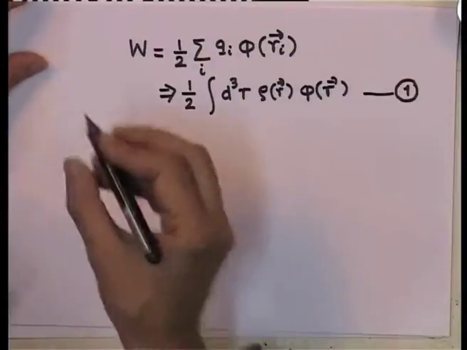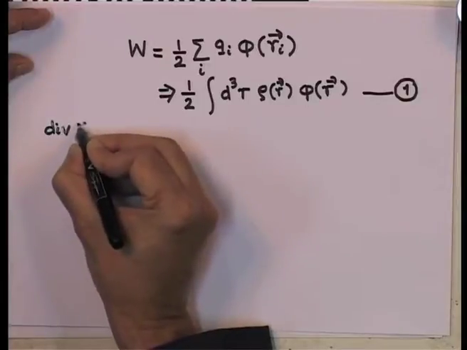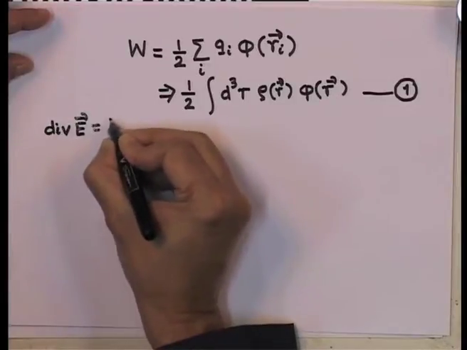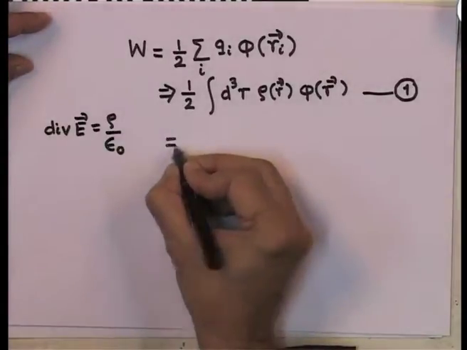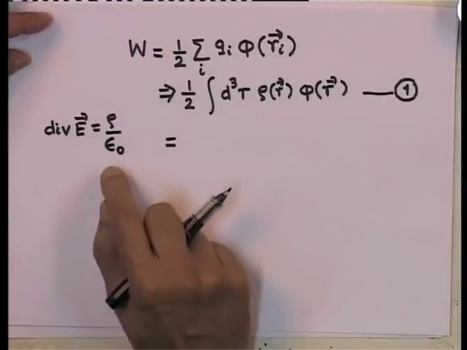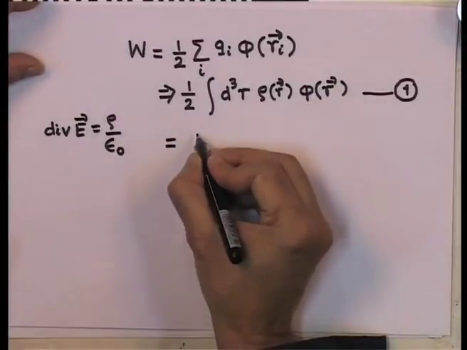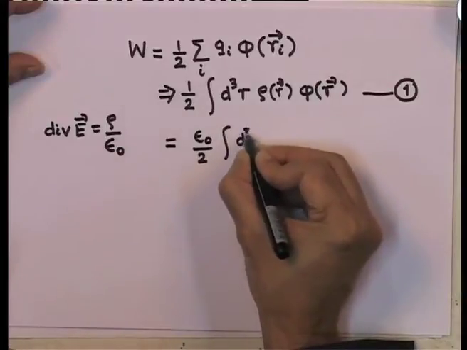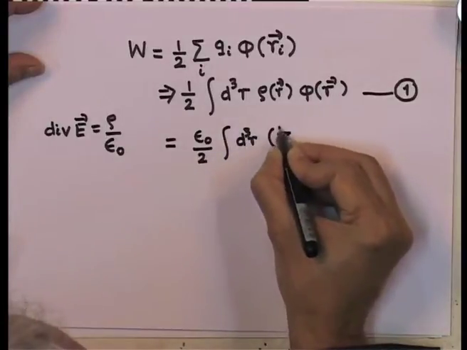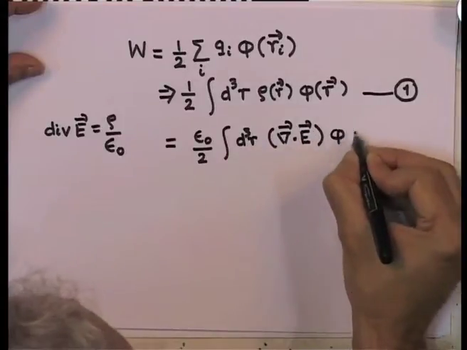Now, let me do some algebra. So, firstly, you recall that according to Gauss's law, the divergence of the electric field E is rho by epsilon 0. This tells me that this rho there I can write as epsilon 0 times the divergence of E. So, therefore, let us put that epsilon 0 by 2 integral dq del dot E times phi of r.